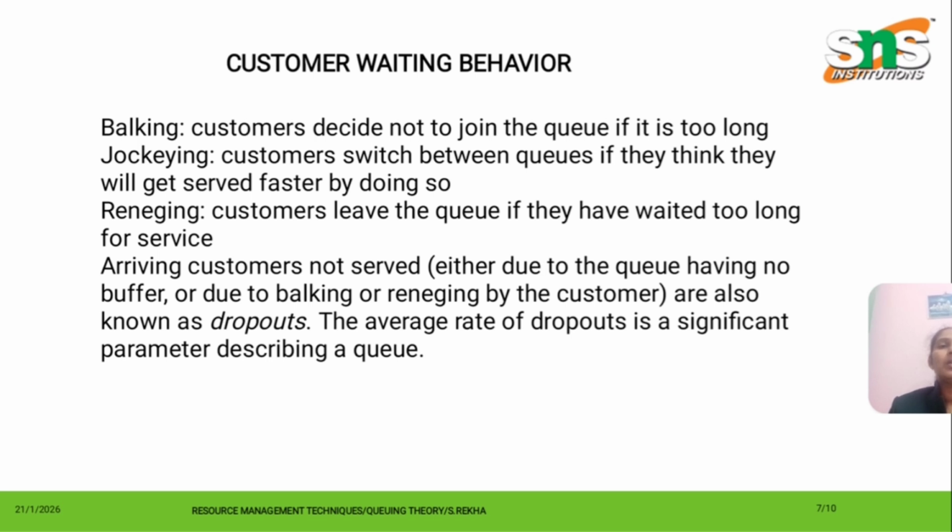Jockeying means customers switch between queues if they think another is faster. Reneging means the customer leaves after having waited too long. Arriving customers who are not served are dropped. These are the parameters based on queue behavior and customer behavior. Sometimes a customer may leave the queue due to impatience also.